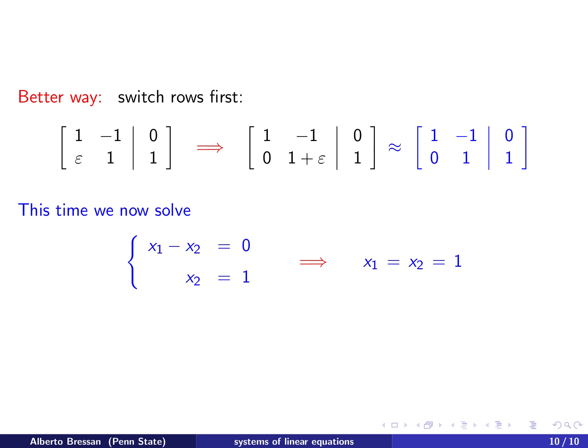This time we'll be solving this, and let's write it out. That will be x1 minus x2 is 0, x2 is 1, and you can easily solve it. So x2 will be 1 and x1 will be 1, and that is the exact solution represented in the computer.